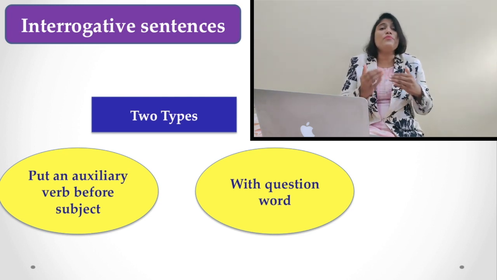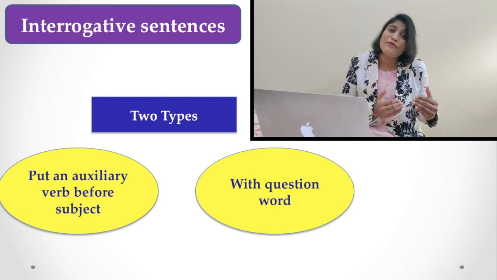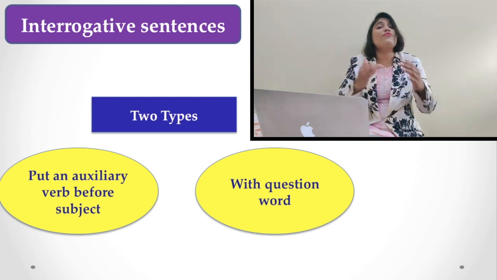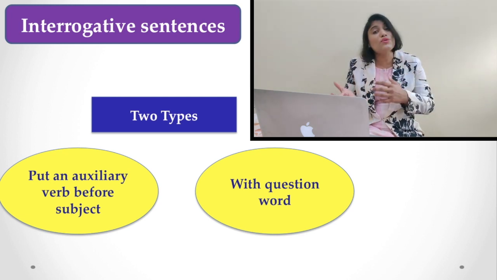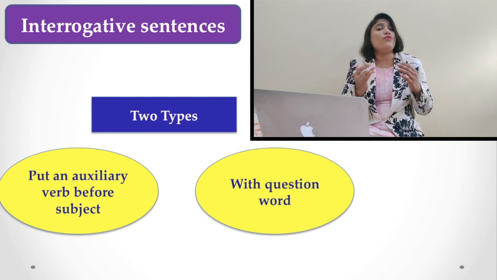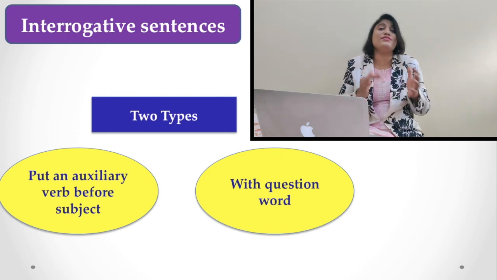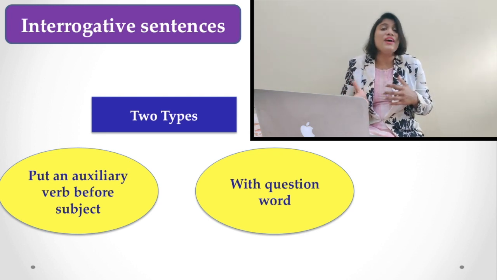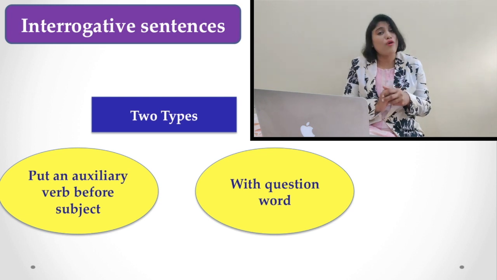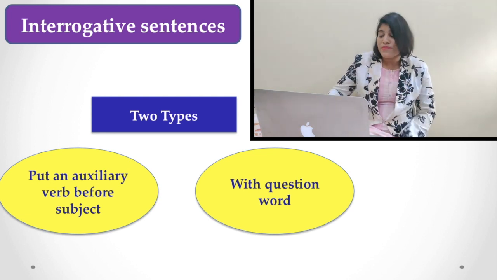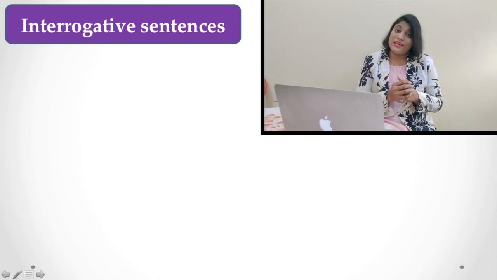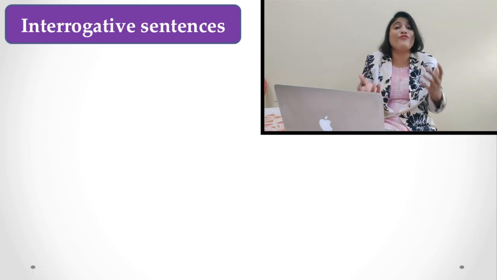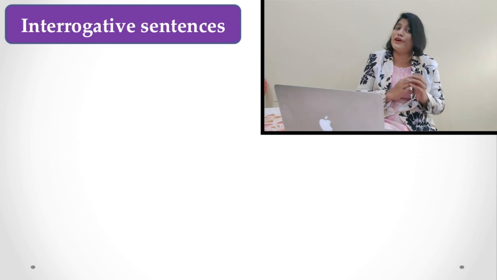That is, you can put an auxiliary before a subject, or you can use question words like who, what, which, that is, a WH word. All these are used to form an interrogative sentence.